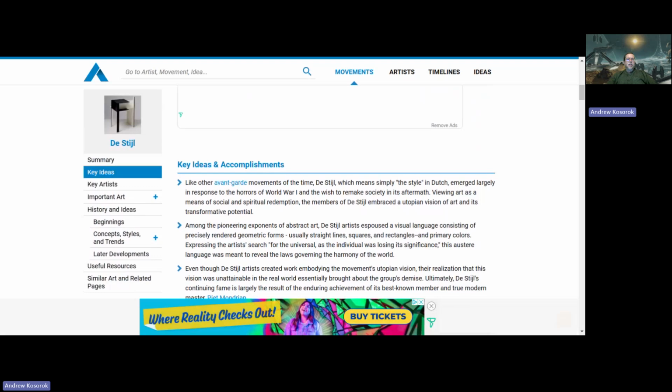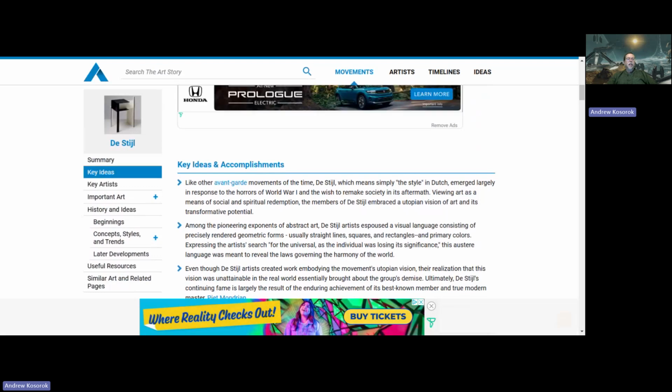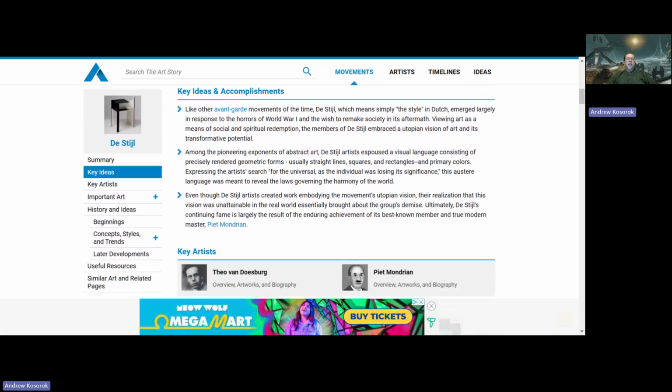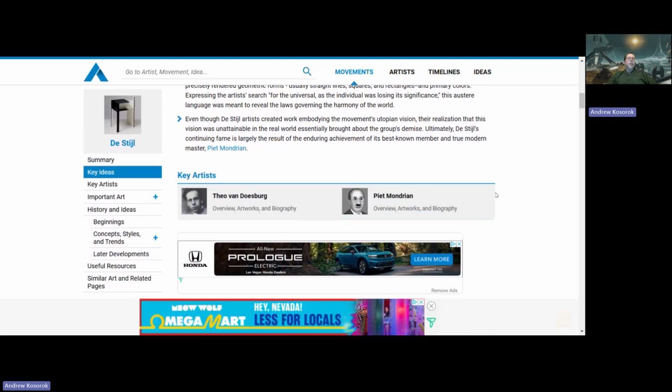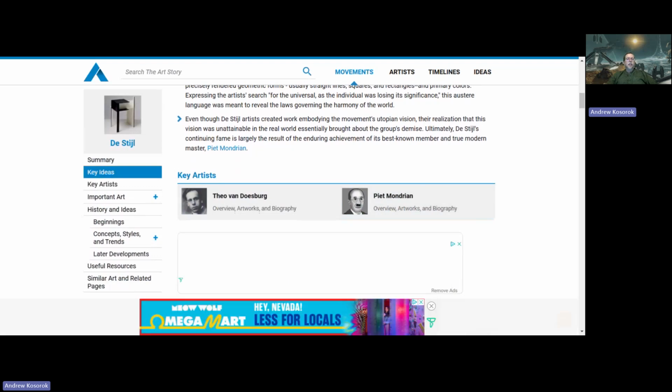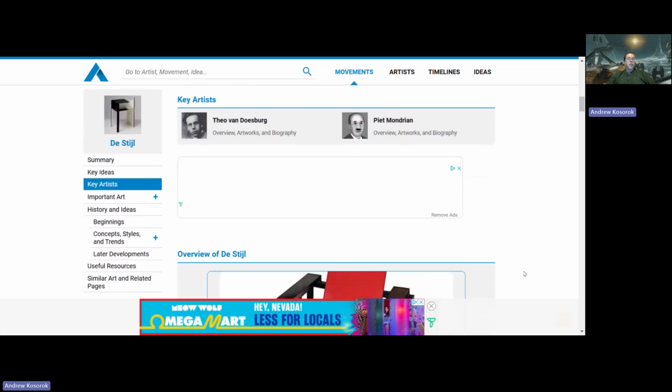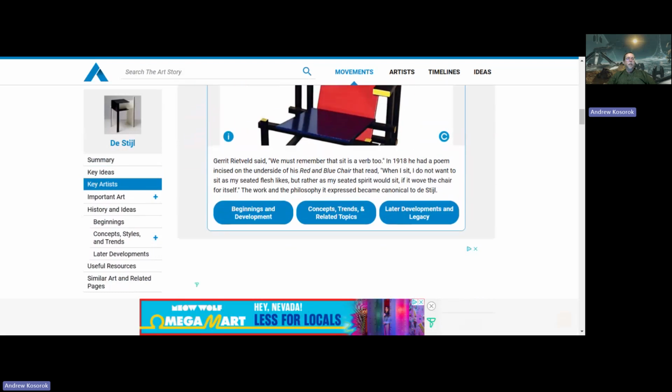Talking about the style makes a lot more sense to me, because when you look at the artwork itself, it feels very static in some situations. There's an energy there, but it's designed to feel calming and stationary. And that, in my mind, doesn't lend itself to the word plasticity. So I prefer to think of this as de Stijl. There were several names for it, but that's the one name we're sticking with.